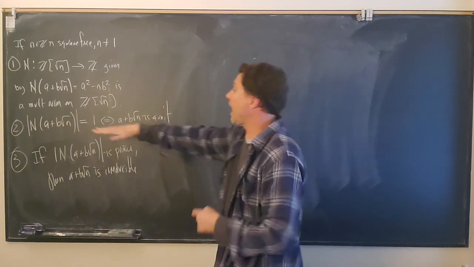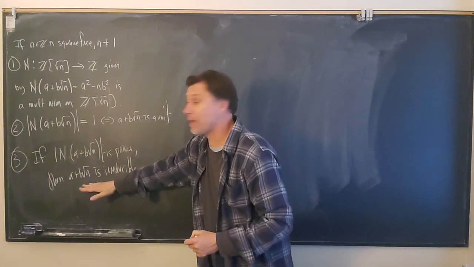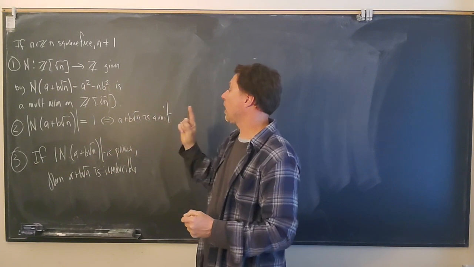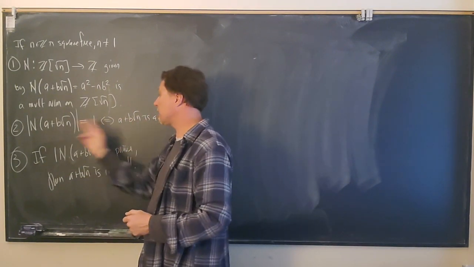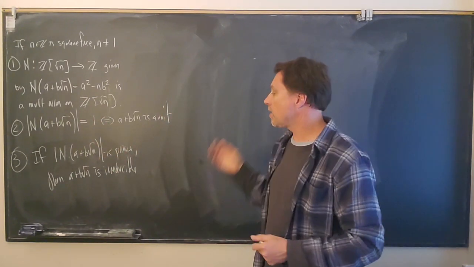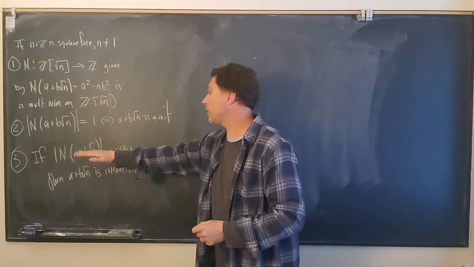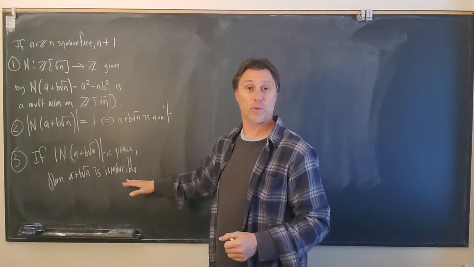So item 2 directly implies this right here. When only units get sent to plus or minus 1, you can use the multiplicative norms to detect irreducibles.